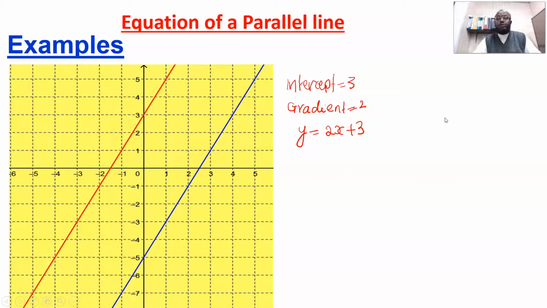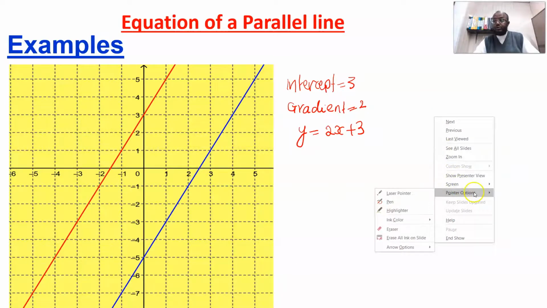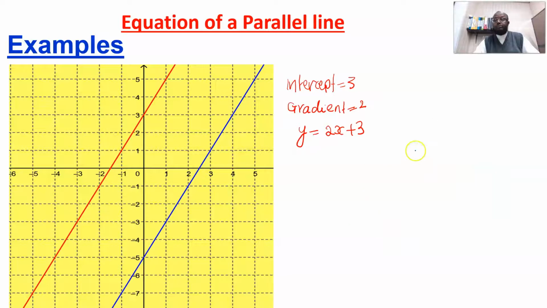What about the blue line? Let us find the equation of the blue line as well. What's the intercept of the blue line? It is here, which is minus 5. That's the intercept.